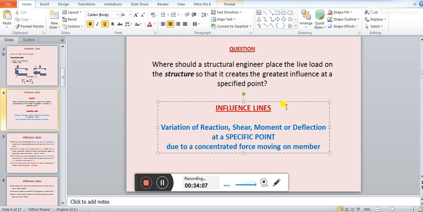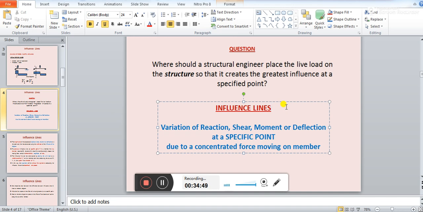However, where will you place, as a structural engineer, the live load on the structure, so that it will create the greatest influence at a specified point? Live load means the moving load on the structure, and we want the position of that load at which a particular point experiences the greatest influence.